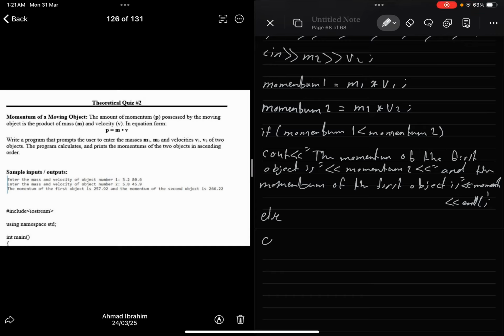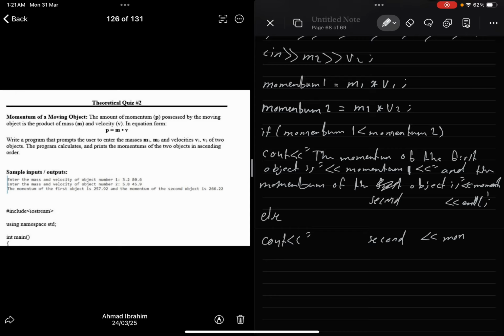Else, cout, same thing but for the second. So the momentum of the second object is, and here momentum 2, and the momentum of the first object is momentum 1, endl.